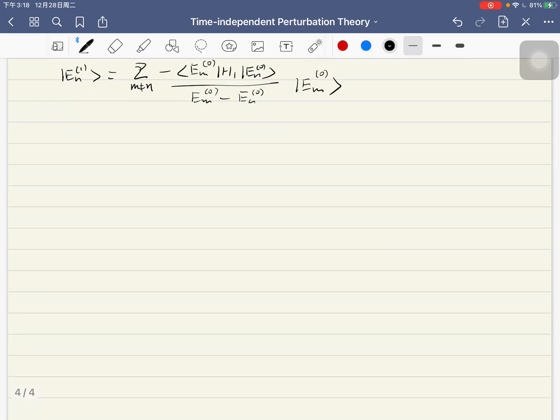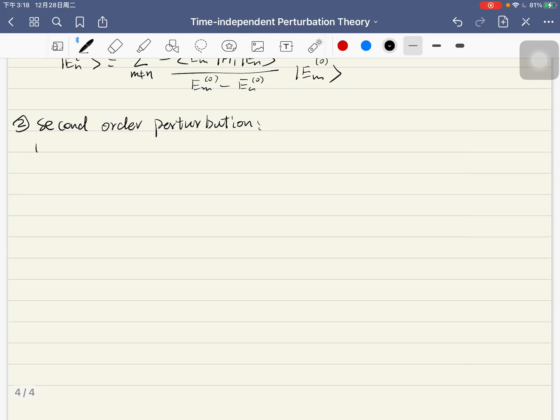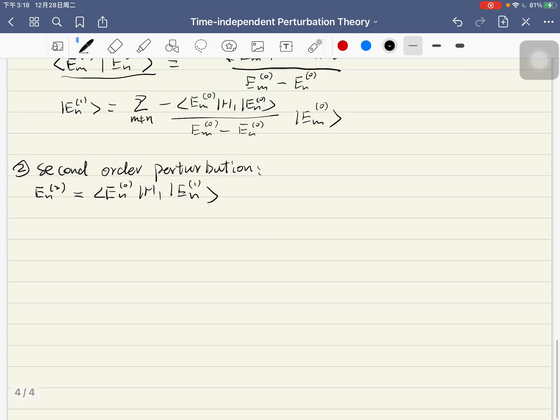Now we continue to the second order perturbation. E_n2 equals E_n0 H1 E_n,k minus 1, k equals 2, so here is E_n1, and we take the formula of the E_n1, so we can get E_n0 H1 E_m0, and we take these coefficients.